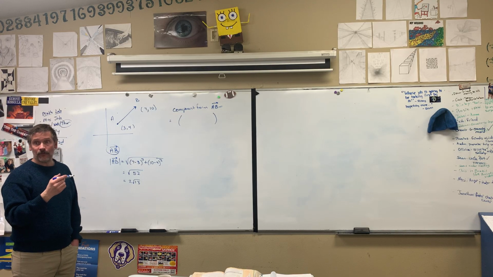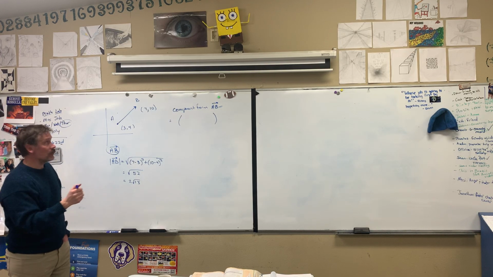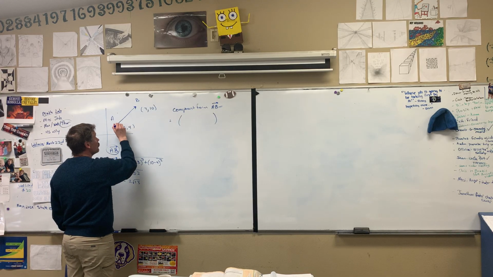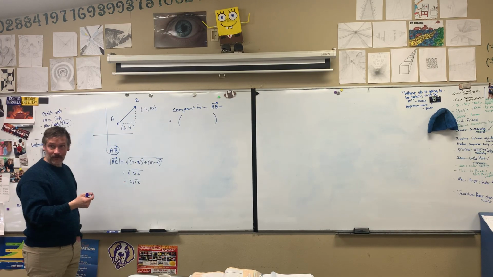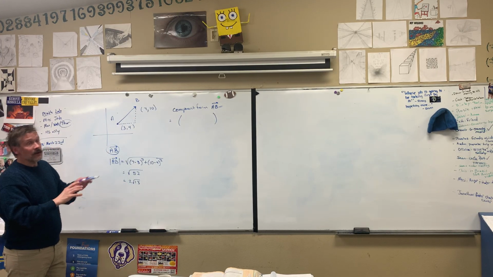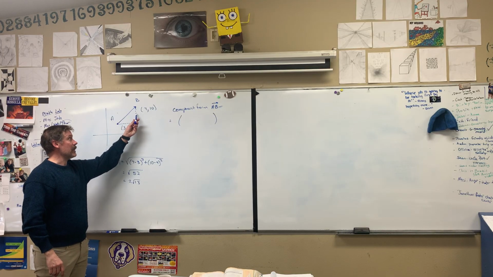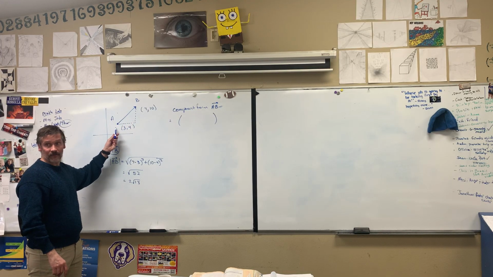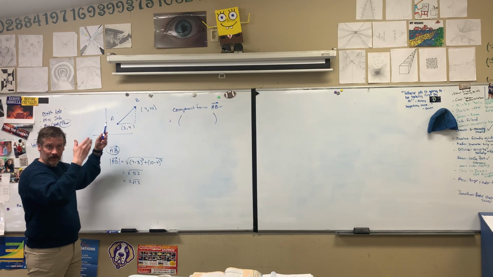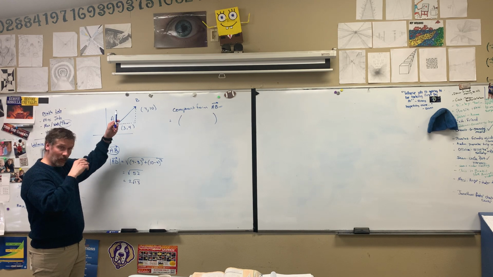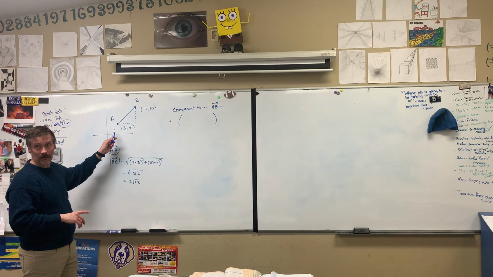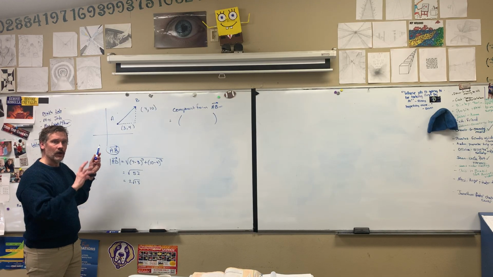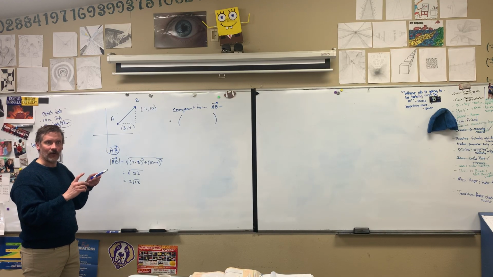Now it matters if you're going from A to B or B to A, because going from A to B, you would travel a positive x and then a positive y. If you're going from B to A, you would travel a negative x and a negative y. The component form is referring to the change in x and the change in y.